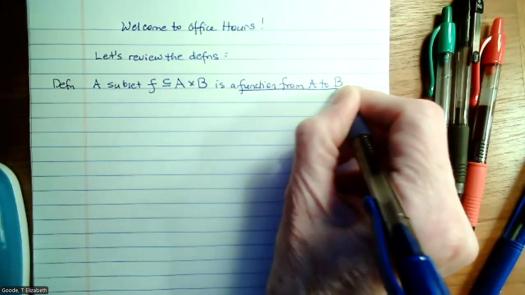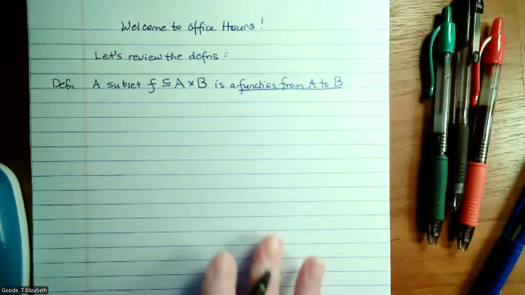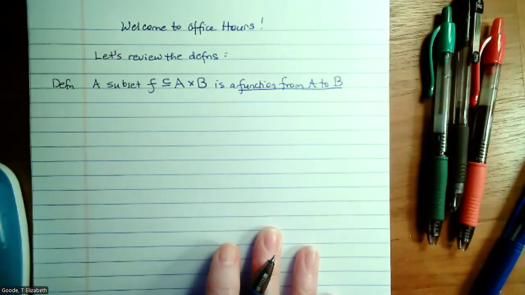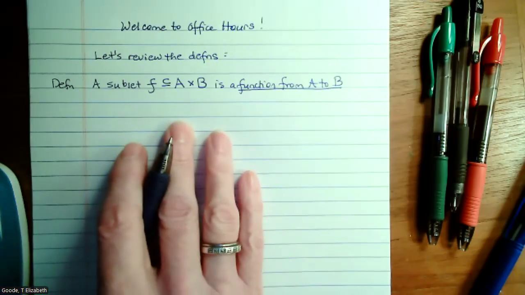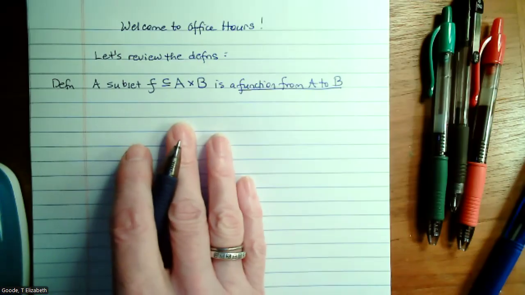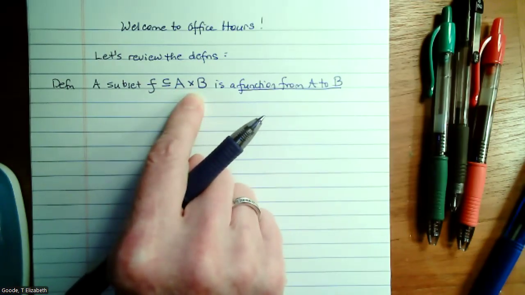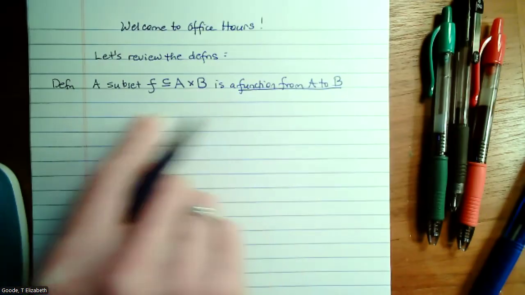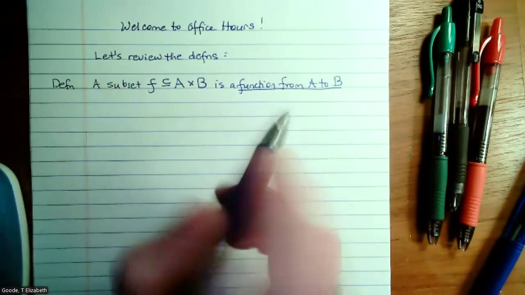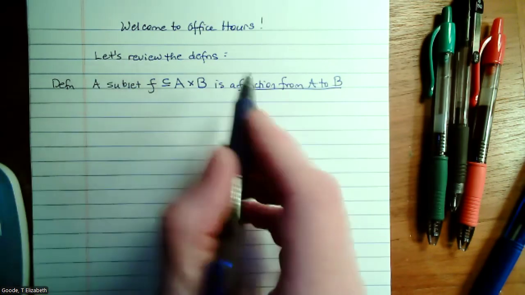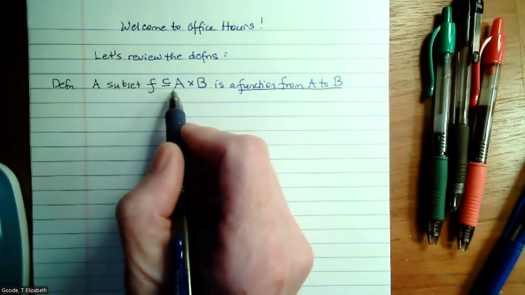I have a quick question. Why is it called a subset of the function if we're only talking about the two sets and everything that can be in them? Because we're not talking about everything that can be in them. It is a subset of A cross B. That's a really good question.